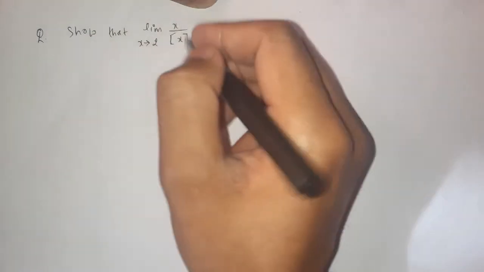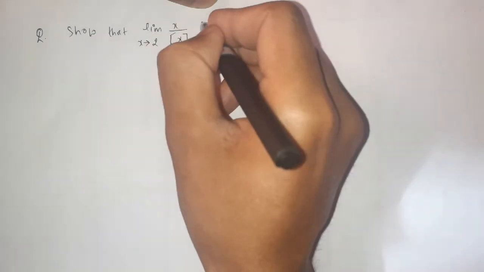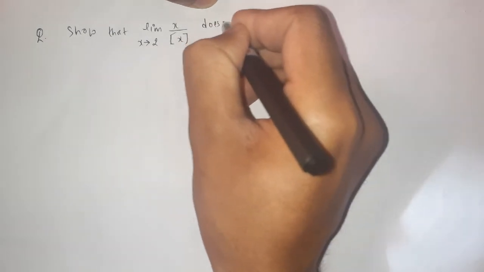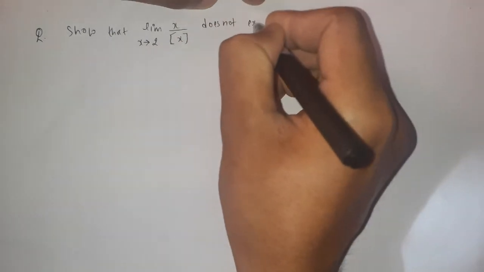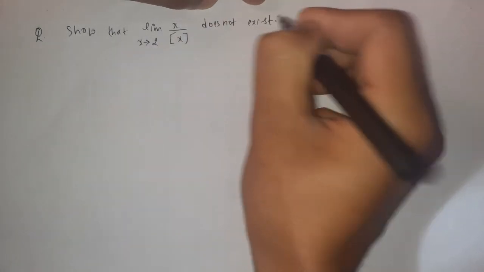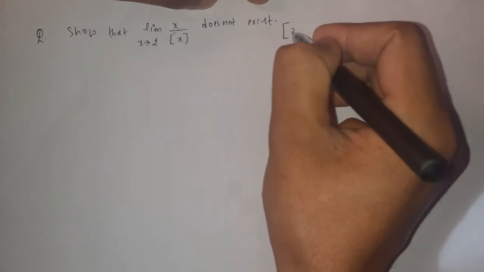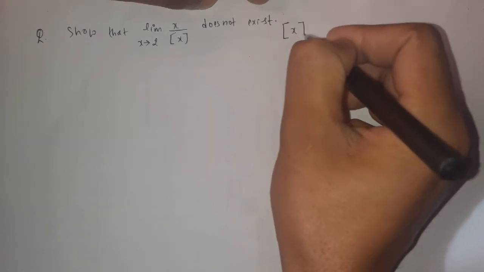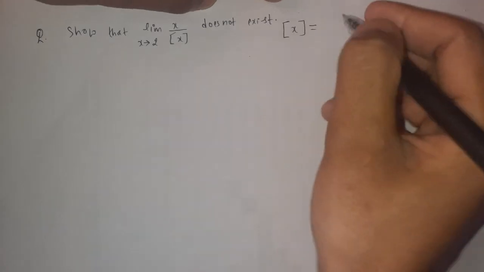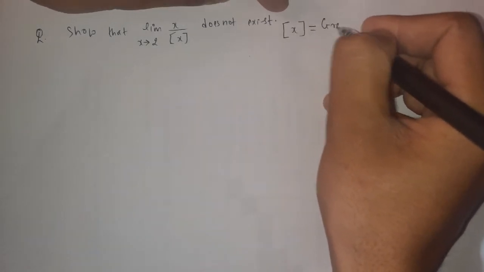so that we have to show that the limit of this function does not exist, where the symbol x inside the square bracket denotes the greatest integer function.